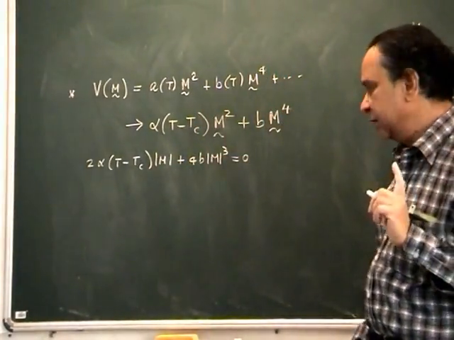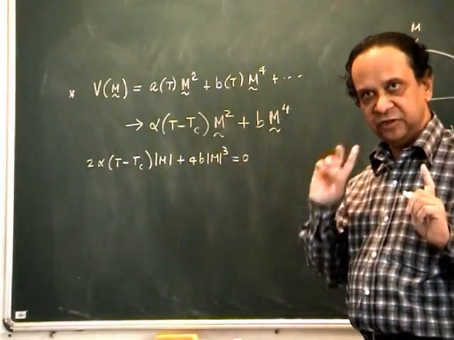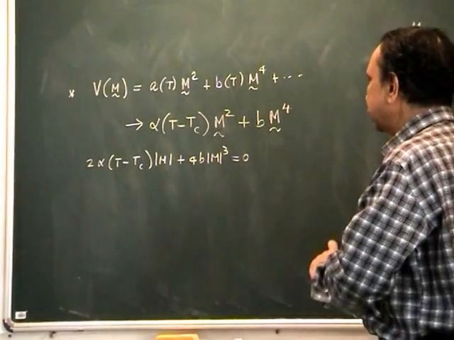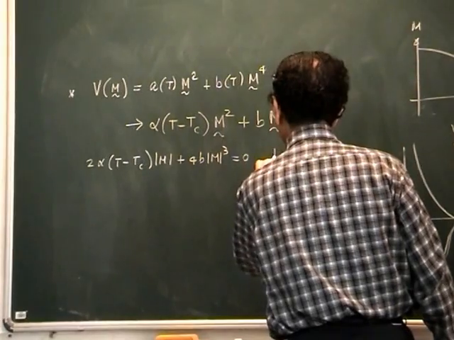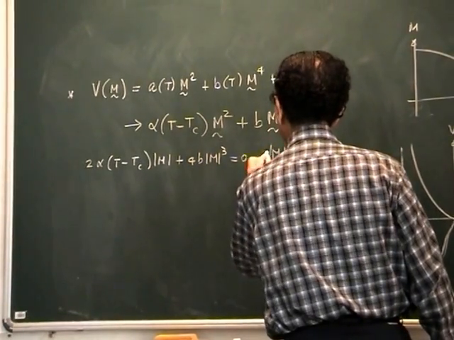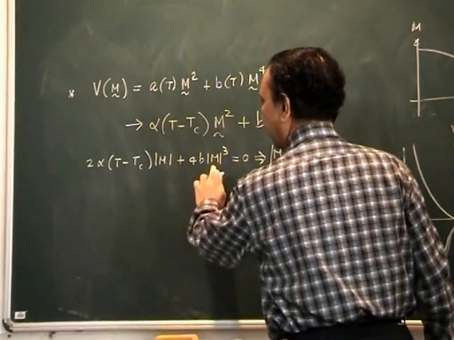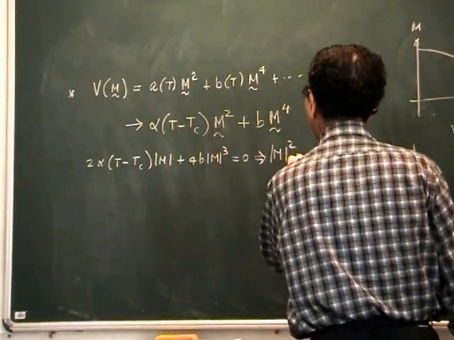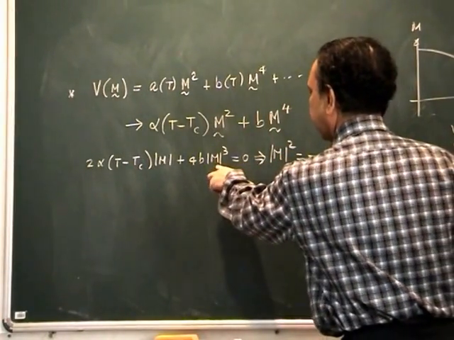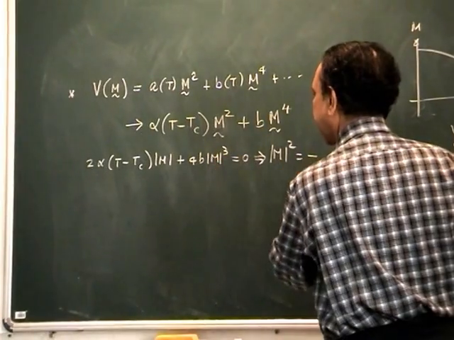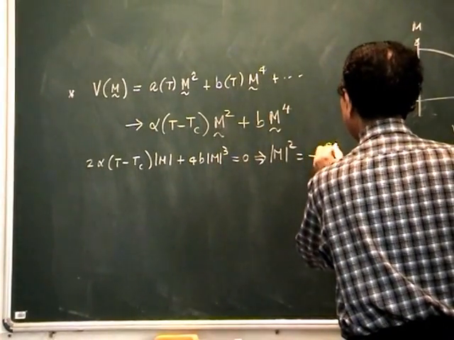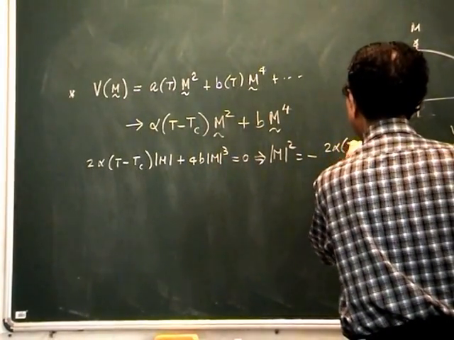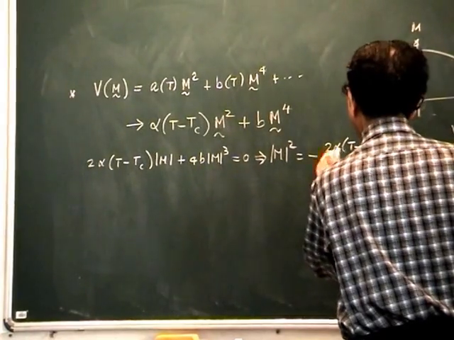It has two solutions. Either m is equal to 0, which we are not interested in. The other solution is going to be m square from this is equal to, minus m and m I have cancelled out, so m square is equal to minus 2 alpha (T minus Tc) upon 4b.